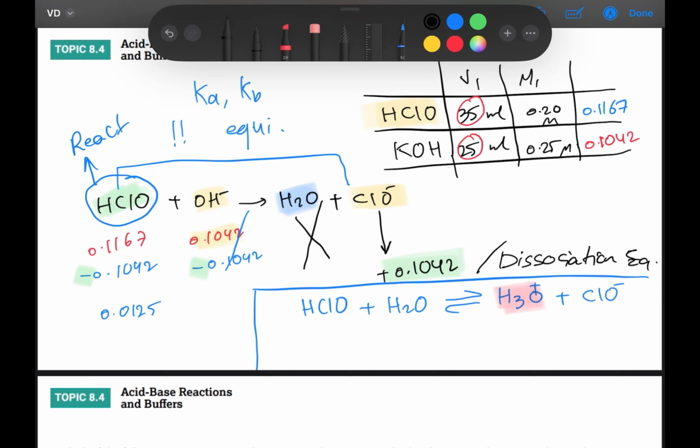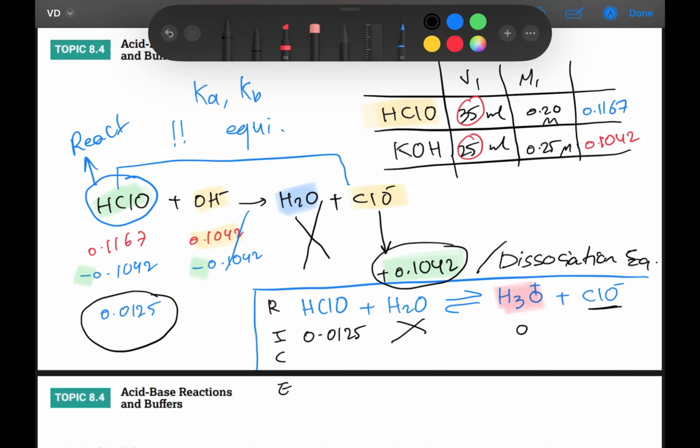Since we are given the concentrations, I put the initial HClO here. Water, we don't care about it. H3O plus is 0 at the initial time, and we use the RICE table, by the way. The ClO negative is given, you can see this is the concentration. It's not 0, so watch out at that point. So it's 0.1042.